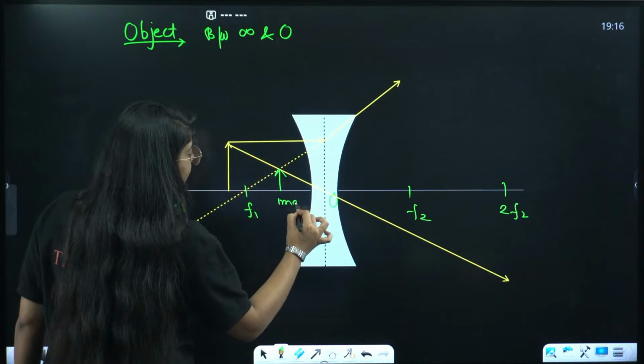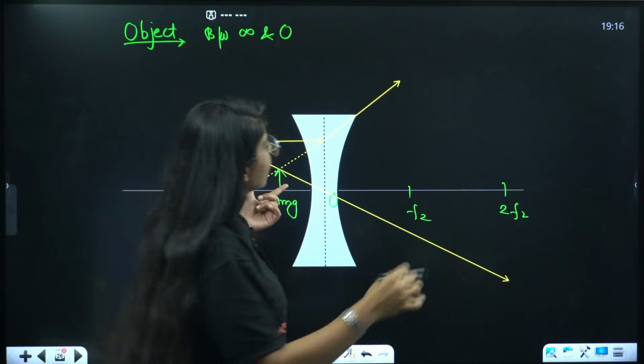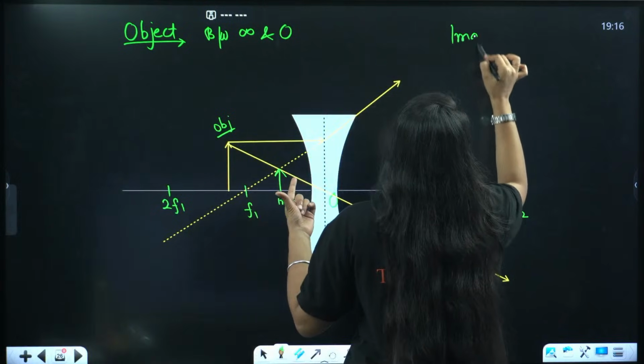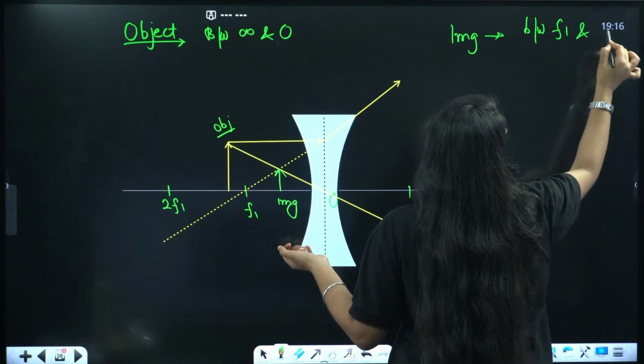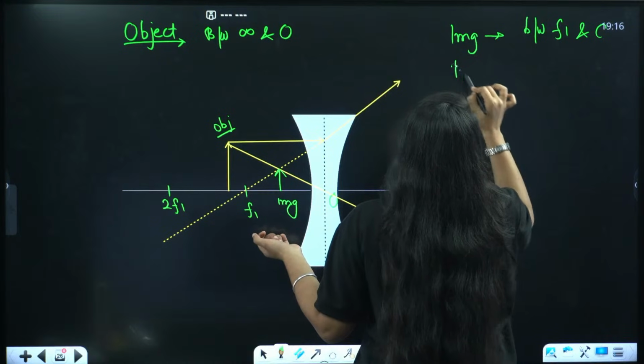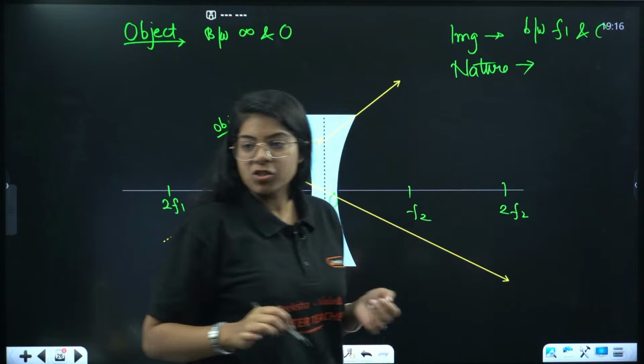So this is my image, this is my object. Now we can clearly see the image is between F1 and O. And the nature of the image is what? Tell me quickly. What will be the nature of the image?